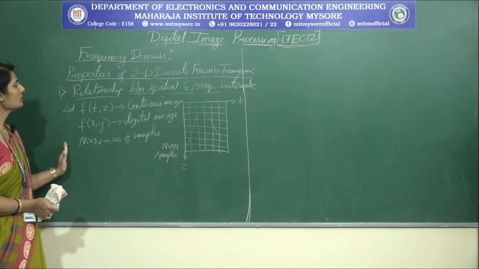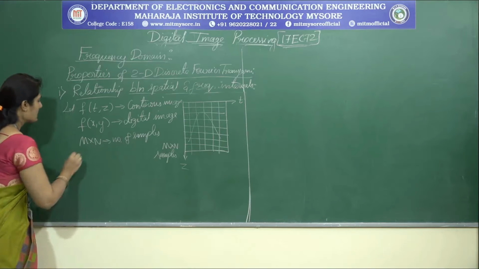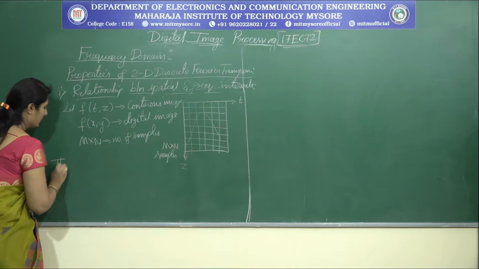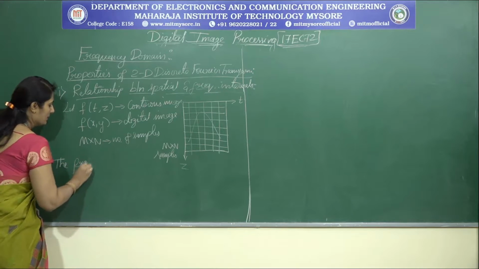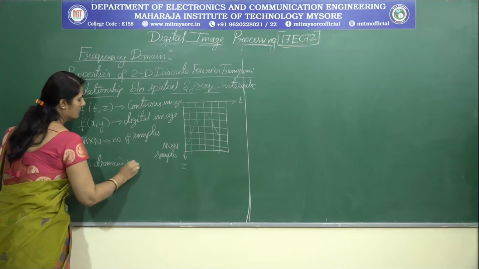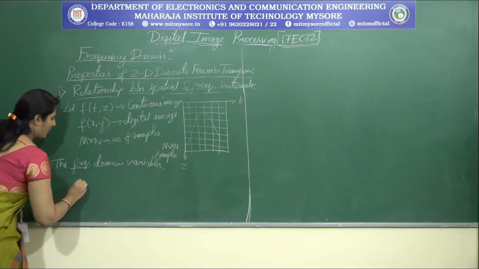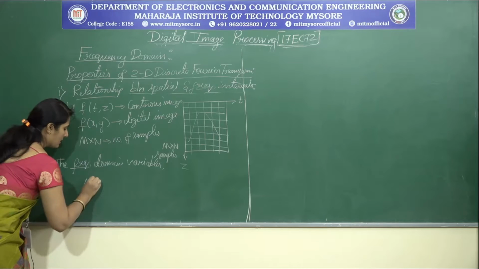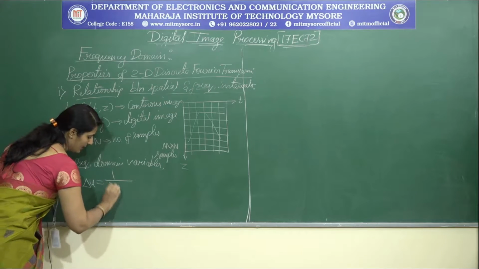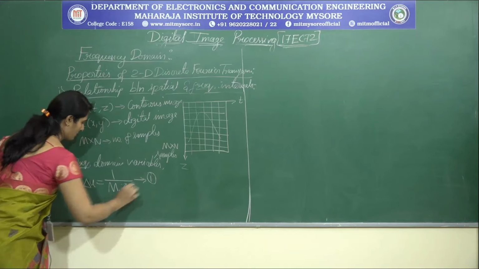Now in order to understand the relation between spatial and frequency intervals, let us consider the frequency domain variables. The frequency domain variables u and v are represented by delta u is equal to 1 by m into delta t. This I call equation number 1.